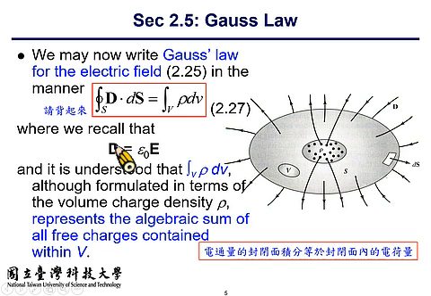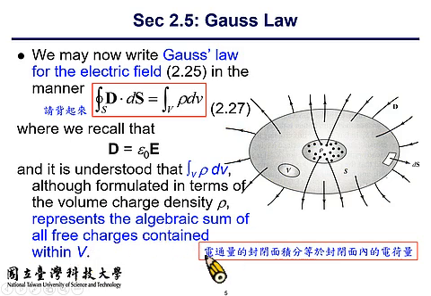So to the left is the closed surface integral of displacement flux density D, which equals epsilon sub 0 times E if the space is a vacuum. And to the right is the volume integral of electrical charge density rho. So it's formulated in terms of volume charge density.